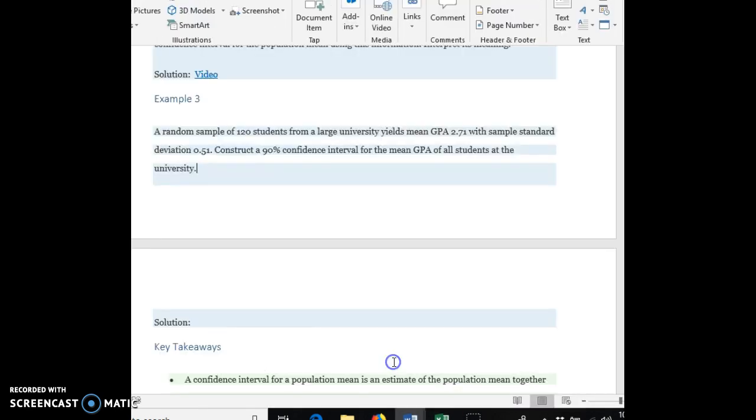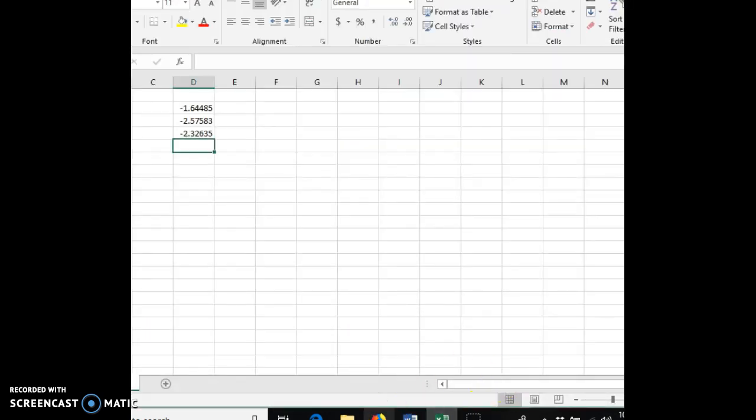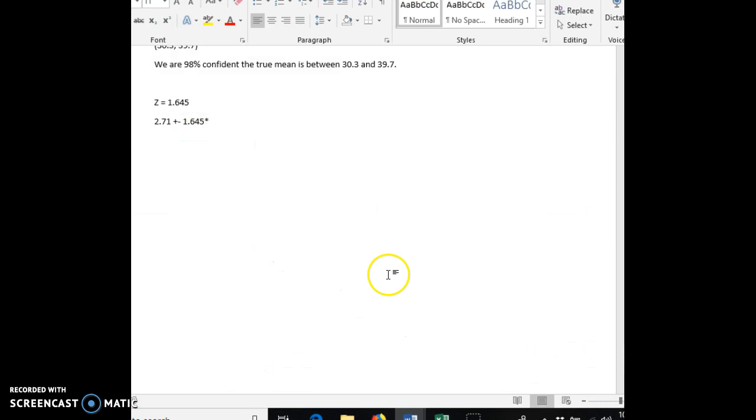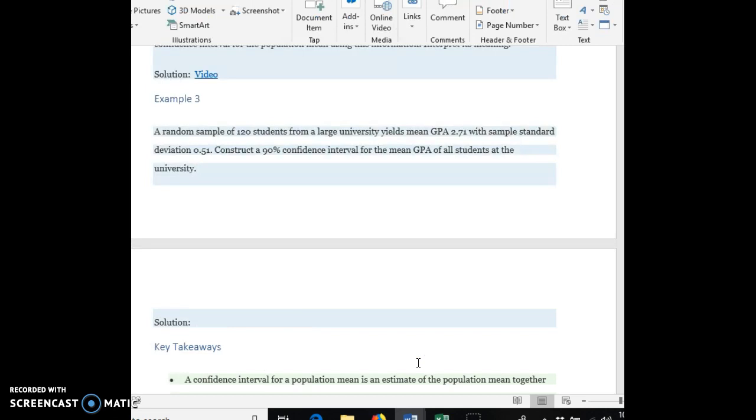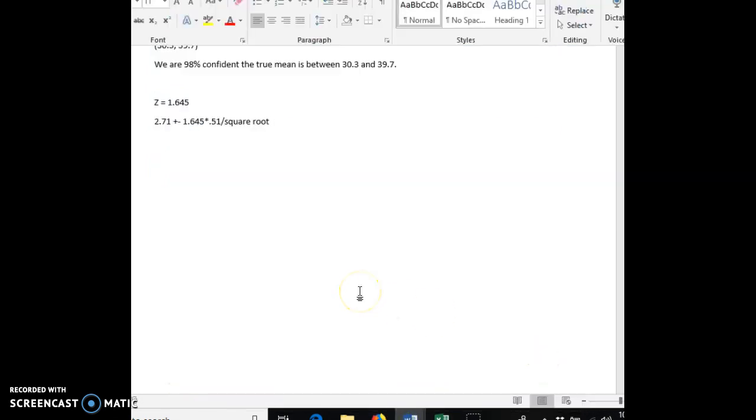So our standard deviation was 0.51, so 0.51 divided by the square root, and then our sample size was 120. So square root of 120.